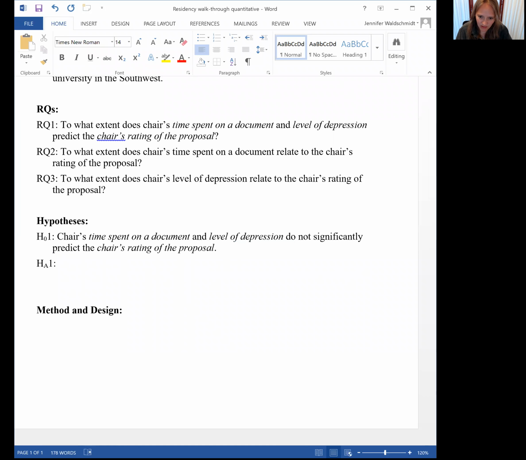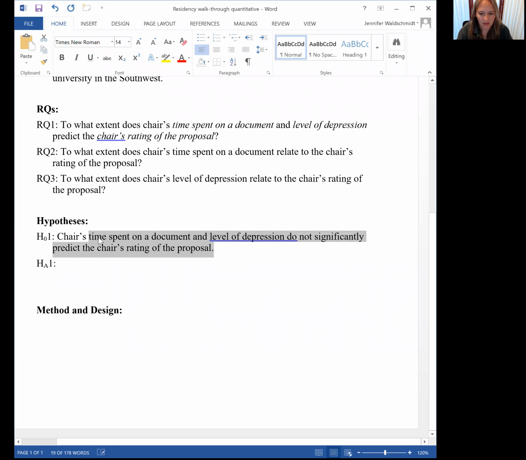I turn that into a statement. Chair's time spent on a document and level of depression do not significantly predict the chair's rating of the proposal. I added the word significantly in here.